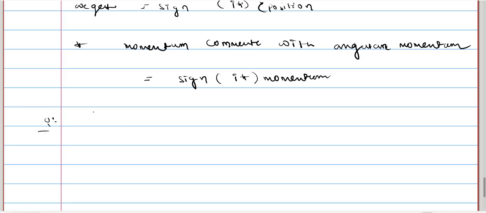some problem. x commute with L square. What do you say? x with L square, what?